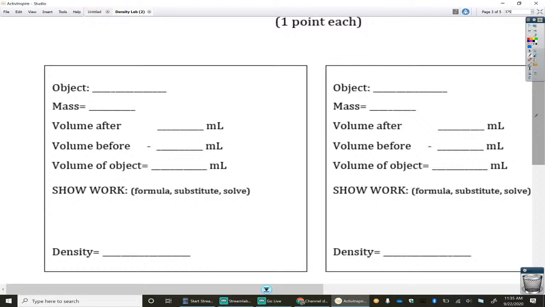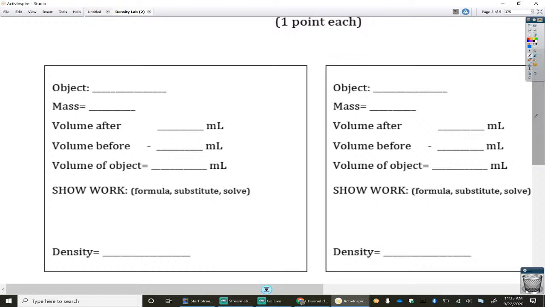What's the reason that an irregularly shaped object requires a different way to get the volume? Because it's not like shaped, so you can't like go over there and measure anything. It's irregular. Exactly. I can't use a ruler to get the volume of this. There's little nooks and crannies in there, and it would take me a million years, and I probably still wouldn't be accurate. So an irregularly shaped object is something that you can't take the density of with a ruler by measuring length, width, and height.